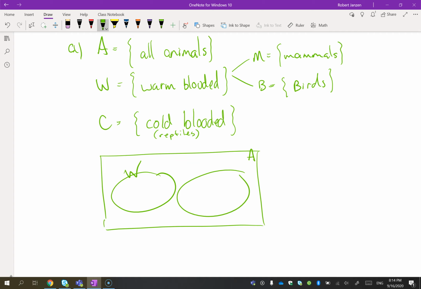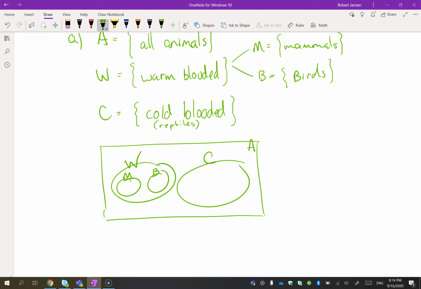We could say they're warm-blooded and cold-blooded. If you decided to call them something else, that would have been fine. Inside the warm-blooded, we have two kinds: mammals and birds. So there's a simple Venn diagram. It's not the only one, but that's a possible Venn diagram.